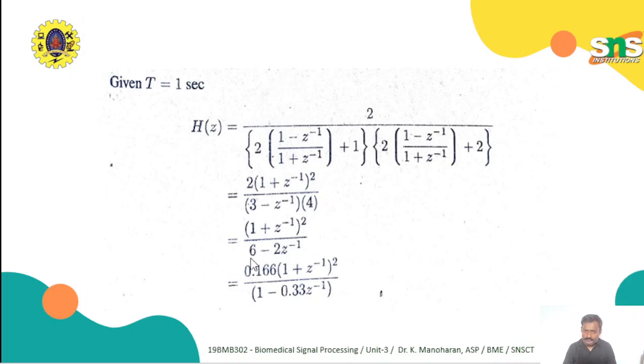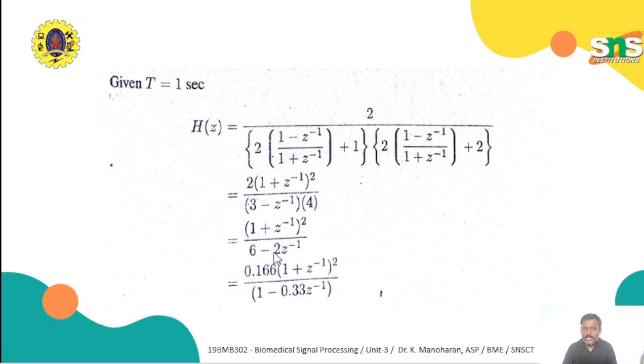Now I should have the form 1 minus some terms of z inverse, so that I can realize it directly. That's why I am going to take a common term, and after that the common term will be taken to the numerator. Here I have a 6, here I have a 2, so in these two terms I need to take 6 as common.